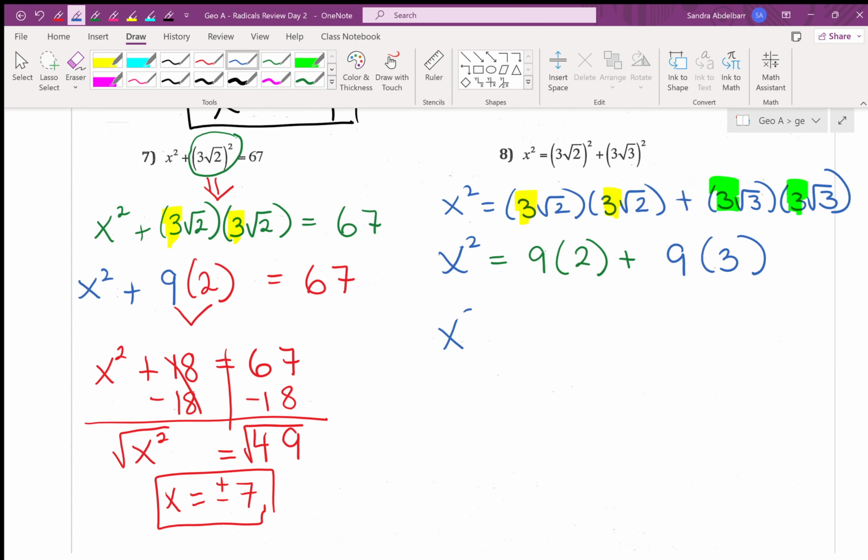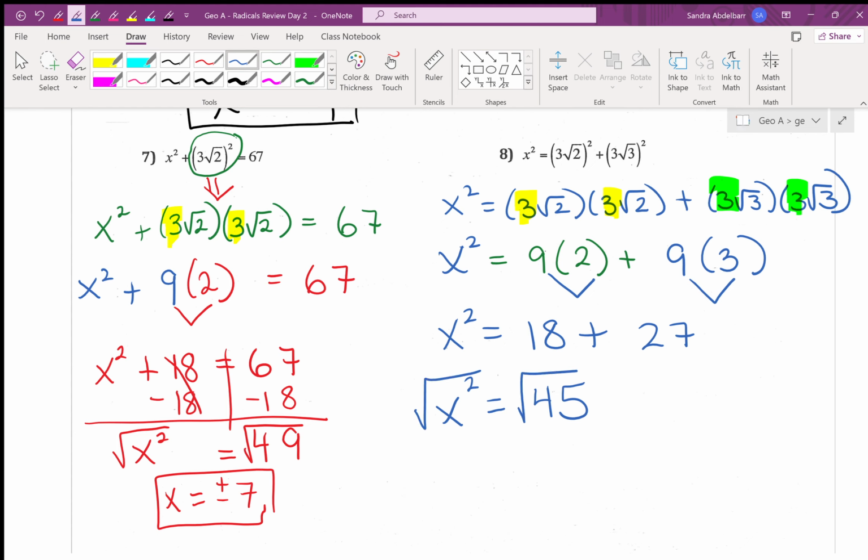So now we have x squared is equal to 18 plus 27. So x squared is equal to 45. Now can we square root both sides? Yes. So we get x is equal to plus or minus 3 root 5.